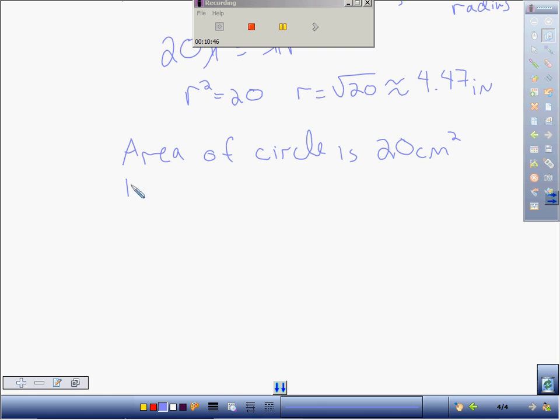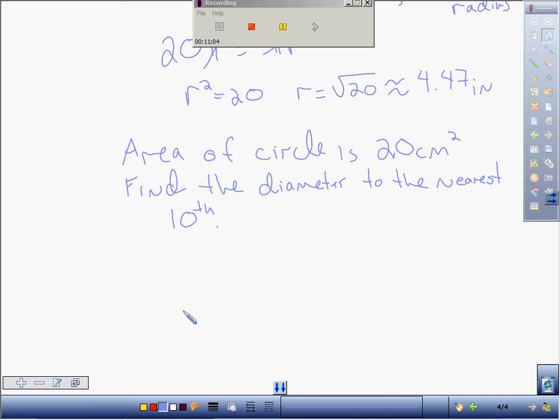Okay, and I say find the diameter, and usually they'll say something like to the nearest tenth.